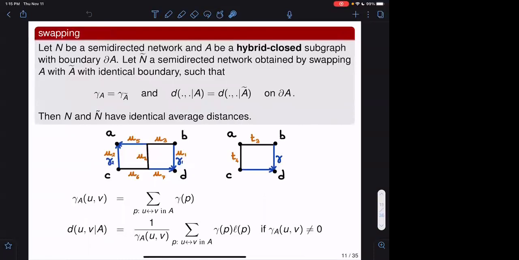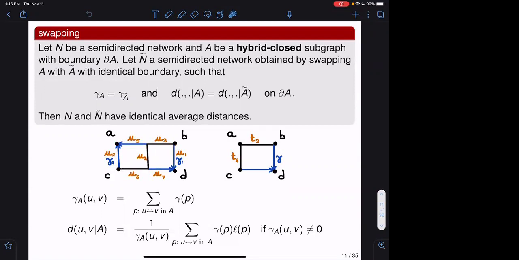Okay, so more bad news, but this one is, in my opinion, more interesting: swapping a very local feature without changing the global average distances. So consider a network that's semi-directed, and then consider a subgraph, let's call it A, within that network. We assume that our subgraph is hybrid closed, in the sense that if a hybrid edge belongs in this subgraph, then all of its partners also have to belong in the subgraph.